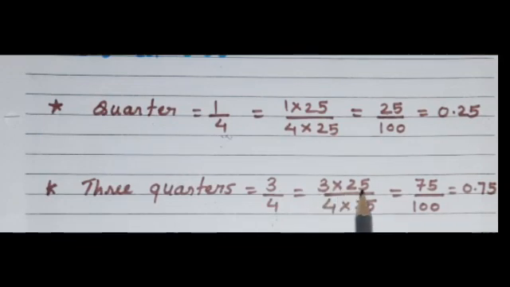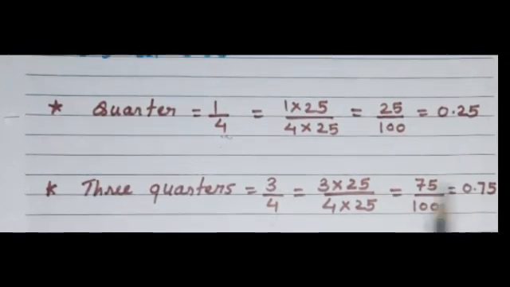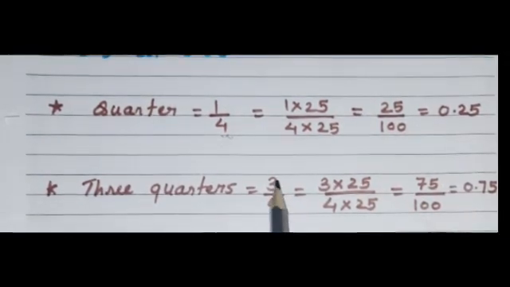So 3 is also multiplied with 25. 25 3s are 75 and 25 4s are 100. Now denominator is 100. So 75/100 written in decimal form is 0.75. So 3/4 in decimal form is written 0.75.